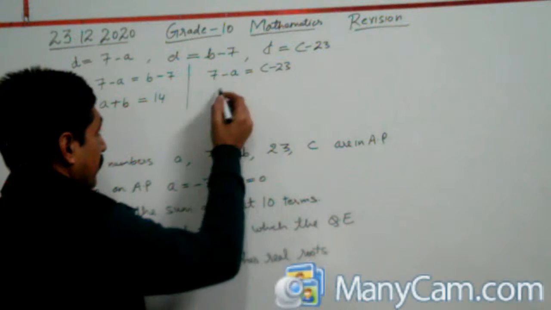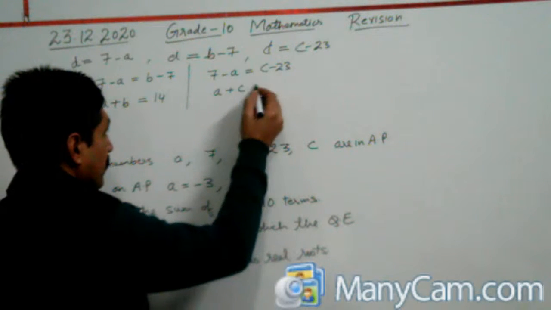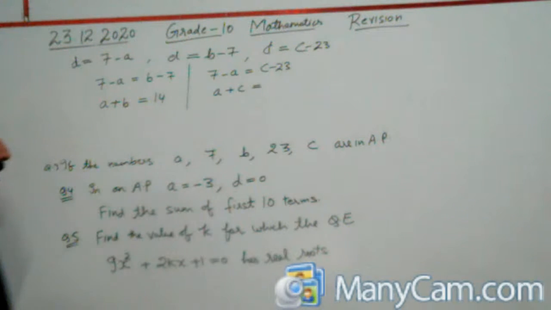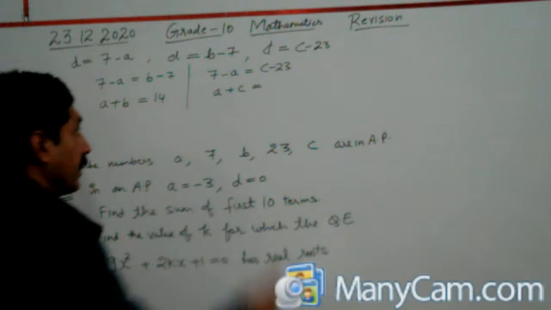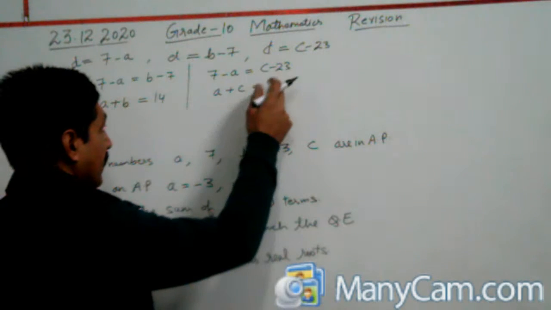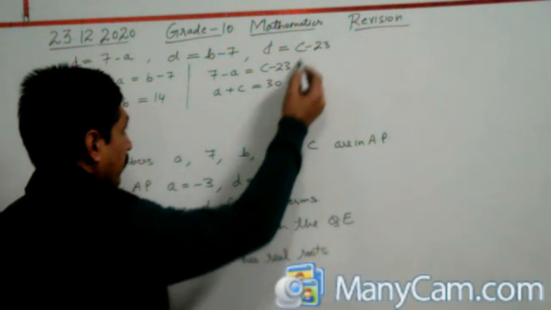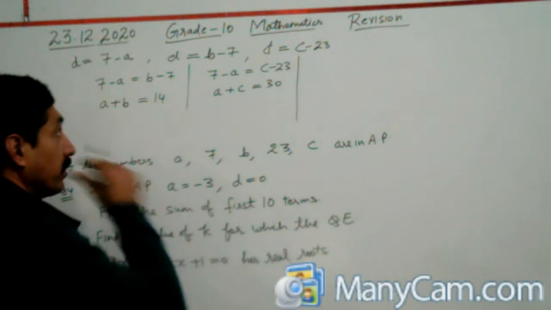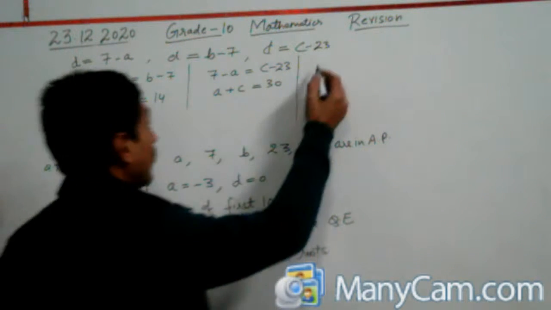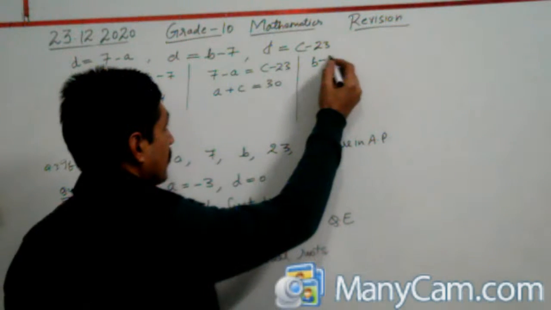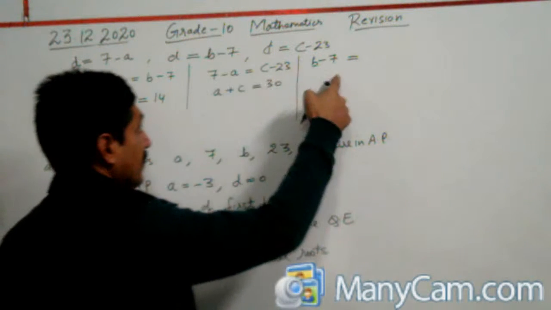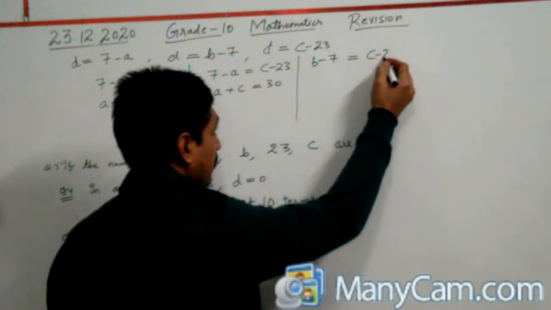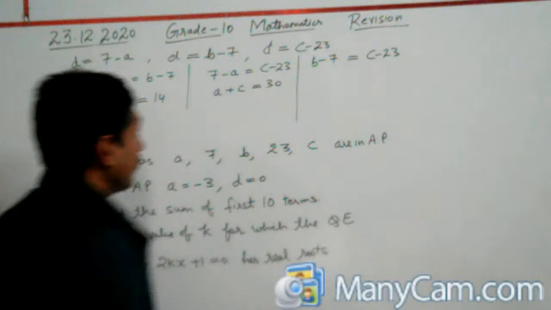So again A plus C is equal to A plus C, that is equal to 30, and we can have one more, that is B minus C, B minus 7 is equal to C minus 23, right?